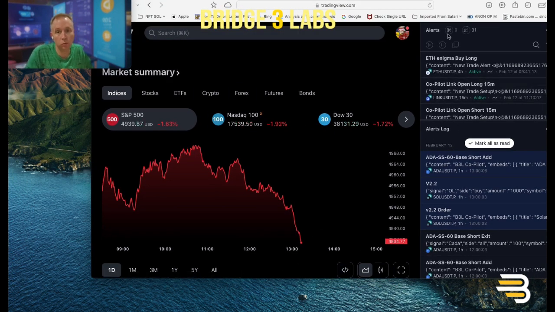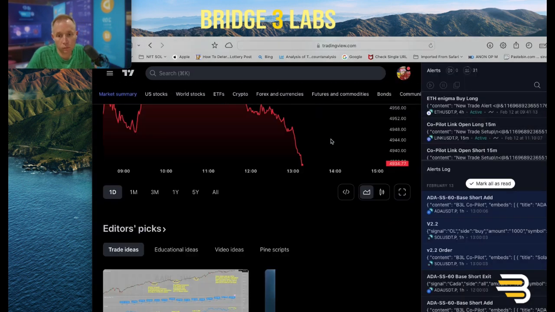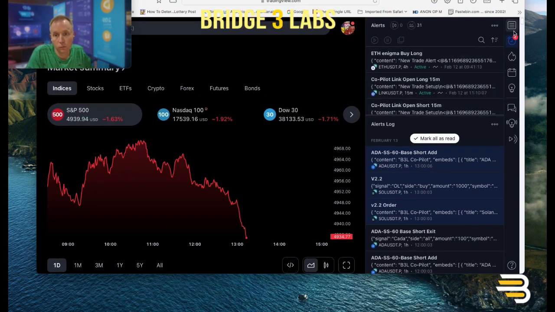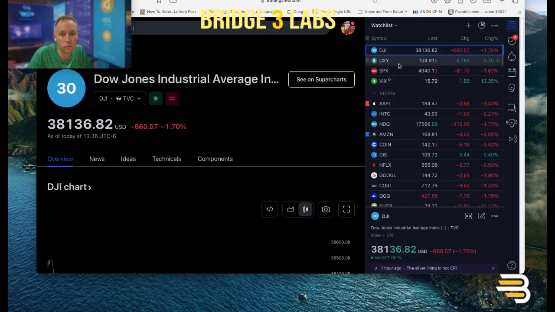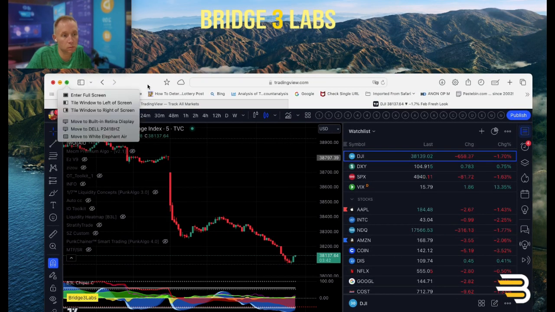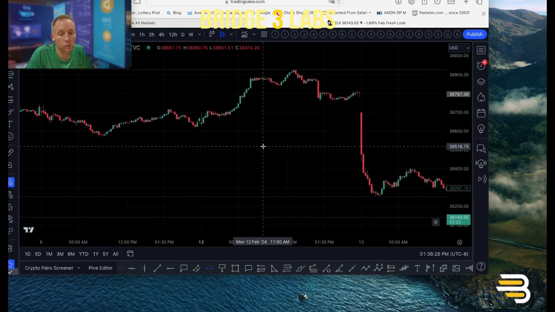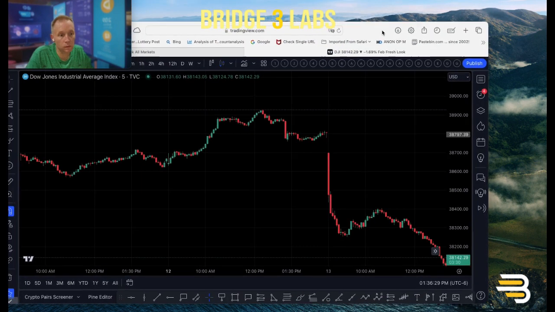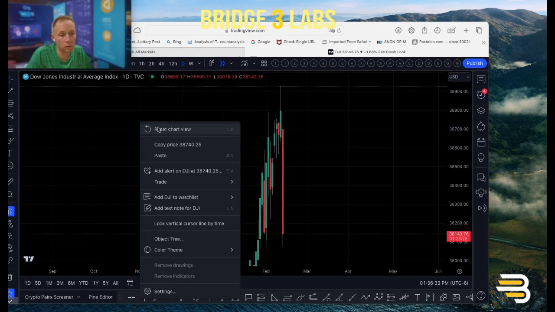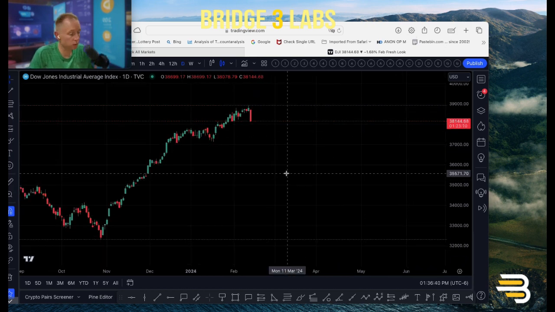These candlesticks, and I'm trying to pull up a chart here. So guys, real quickly here, this is going to be the Dow Jones, and I'm going to try to demonstrate a little bit of the candlesticks like we were talking about.